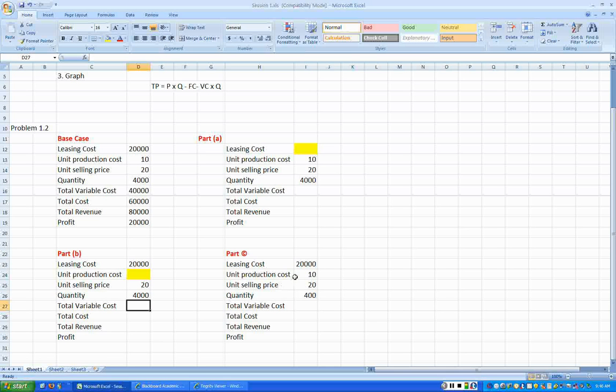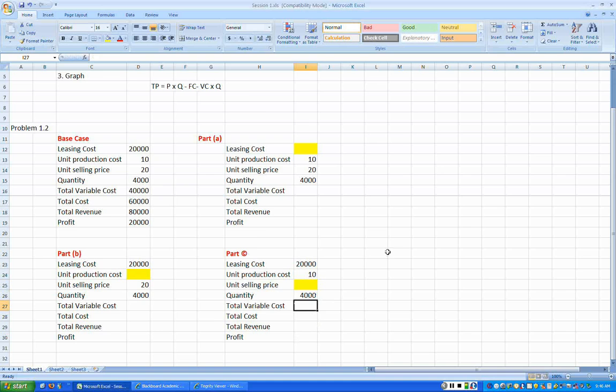In part C, it is with respect to the selling price and how small a selling price can be for this data before the operation becomes not profitable at all.